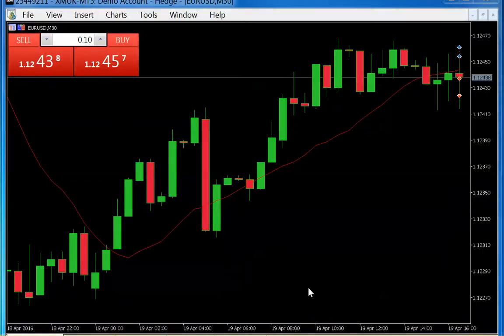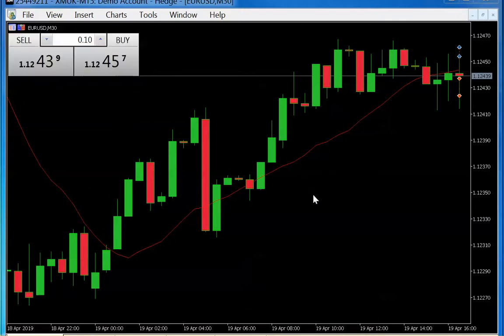Moving on, we're looking at our trading platform, and typically this is a USD chart, a 30-minute chart. I'm just going to show you how we click into a trade and put our management bits and pieces into the trade.